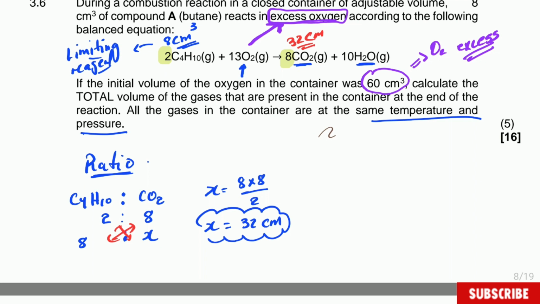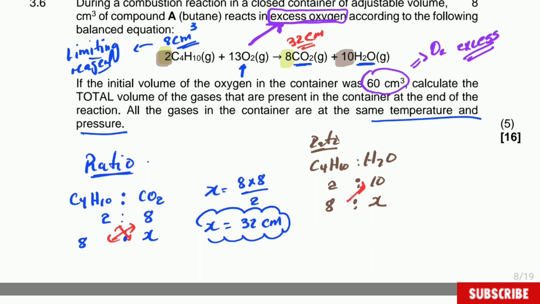Now we are going to repeat the same for the water. So the ratio of C4H10 to H2O. Remember, the ratio is 2:10 in this case. So we write 2 for this one, 10 for the water. If you have 8 cubic centimeters of this compound, how much of the water will you have?